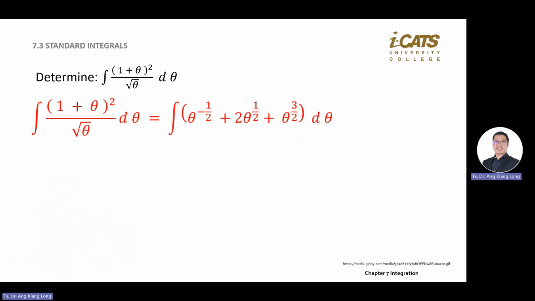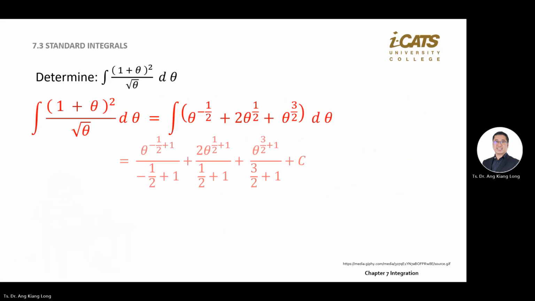Once you convert this into this form, then you do accordingly. Your A is 1, your X is theta, your N for the first one is -2. So N plus 1 divided by N plus 1. Do the rest for the second and third terms.